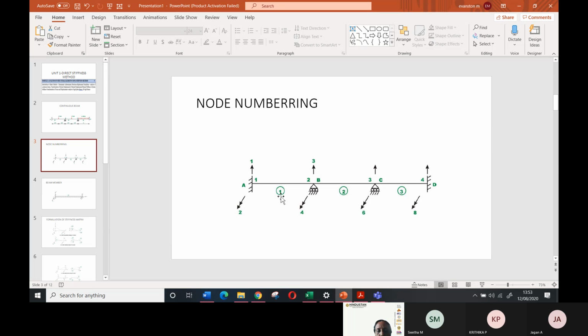Can you note it down? Draw this diagram. First you mark the members: members 1, 2, 3. These three members are there, and the title is node numbering.